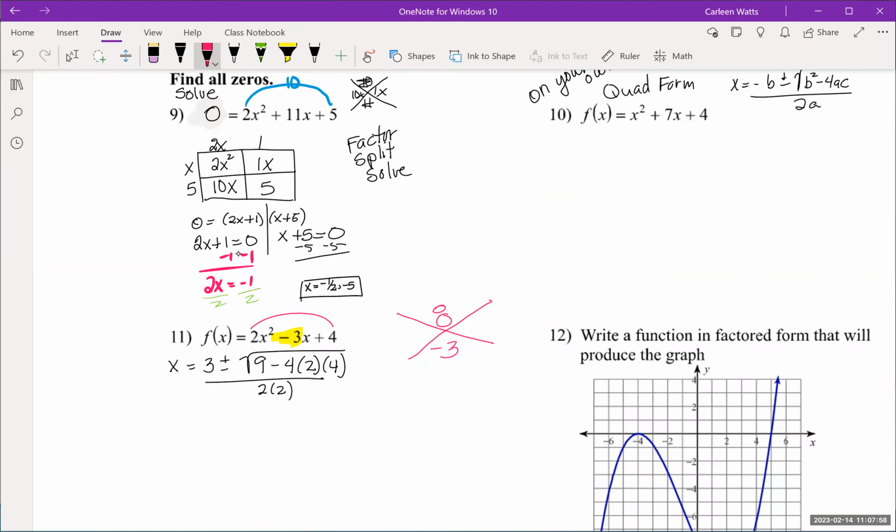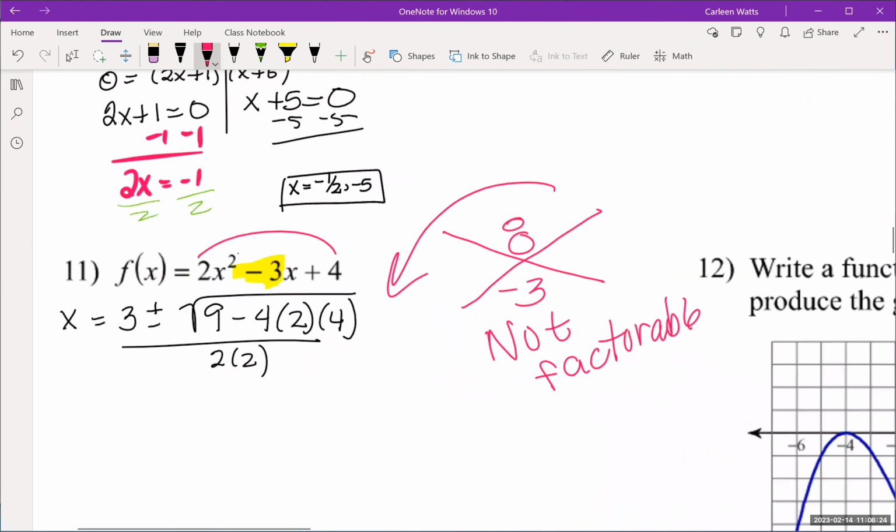Are there 2 numbers that multiply to get +8 and add to get -3? No. So this is not factorable. So that's why we have to do the quadratic formula. And I didn't explain that part.